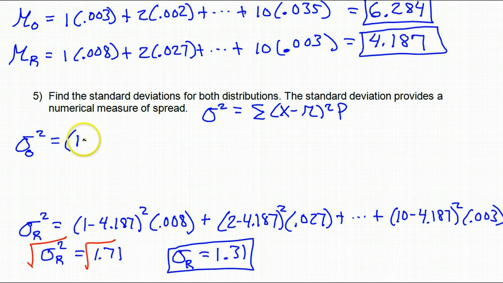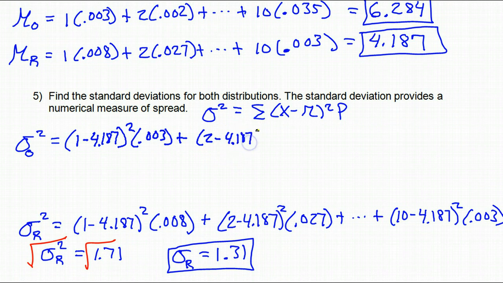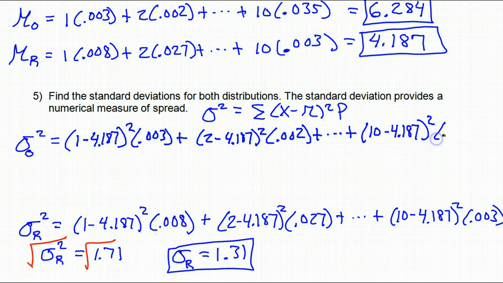It's going to be 1 minus 4.187 squared times the probability there, 0.003, plus 2 minus 4.187 squared times its probability of 0.002 plus ... Skip to the last one: 10 minus 4.187 squared times its probability, 0.035. That's how you find the variance there.